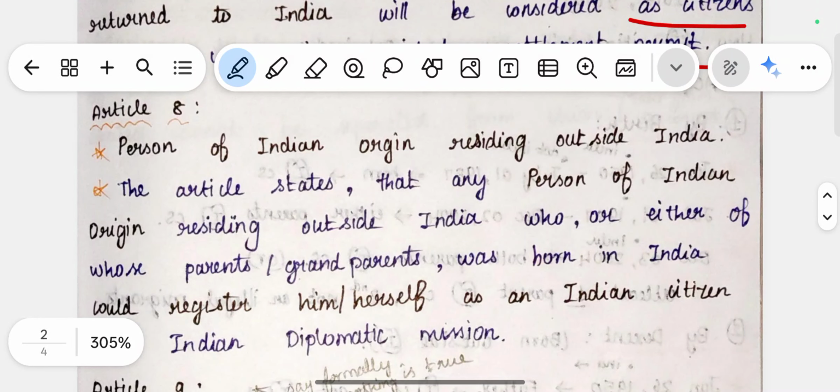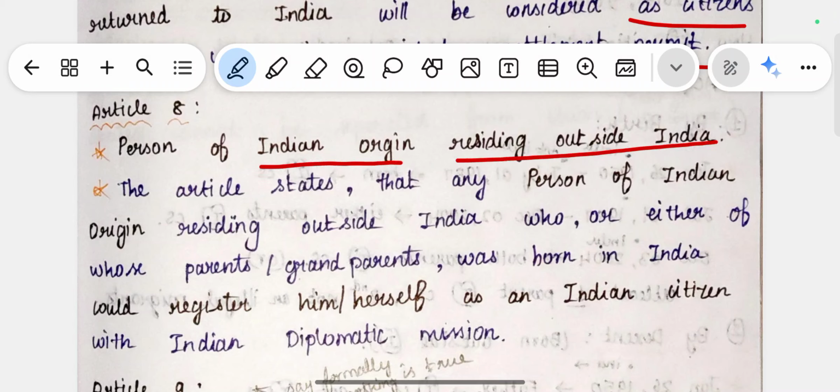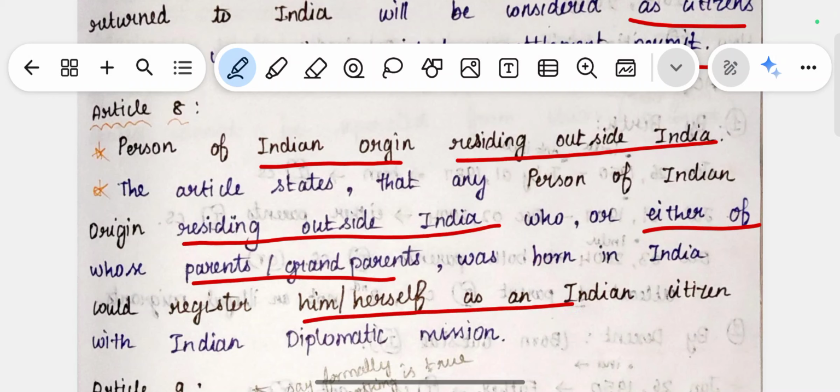Article 8 talks about persons who are residing outside India but have blood ties to India. It states that any person of Indian origin residing outside India, whose parents or grandparents were born in India, can register themselves as Indian citizens with the Indian diplomatic mission.